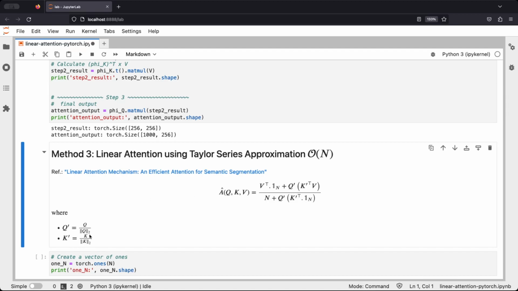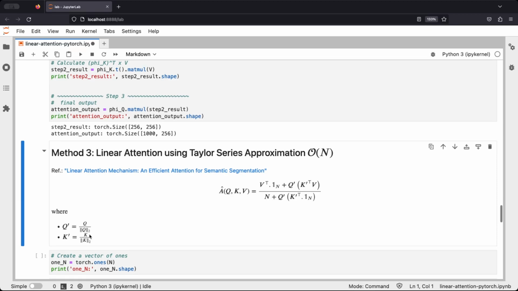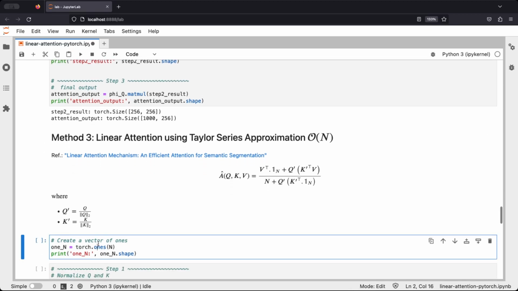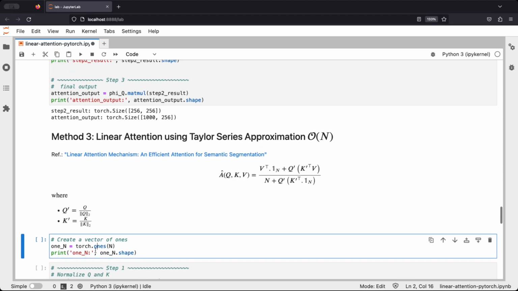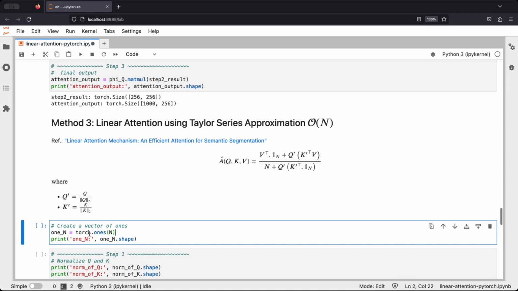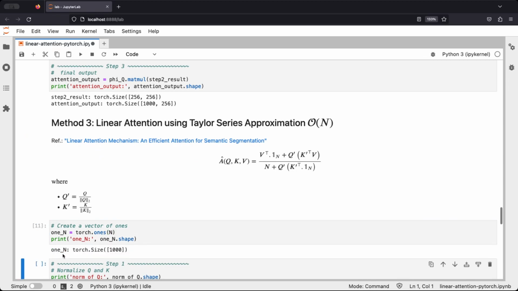And this normalization is based on the L2 norm. So as a prerequisite, first we need to build this 1 sub n. So we do that by torch.ones. And this will build this vector which has 1000 ones in it.